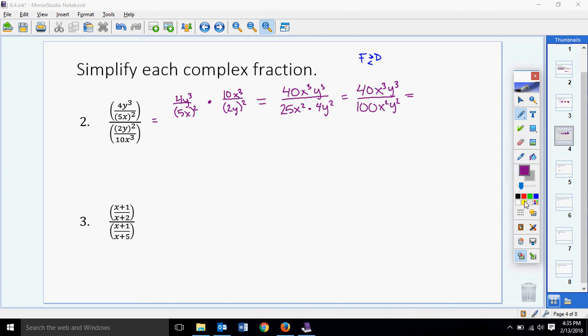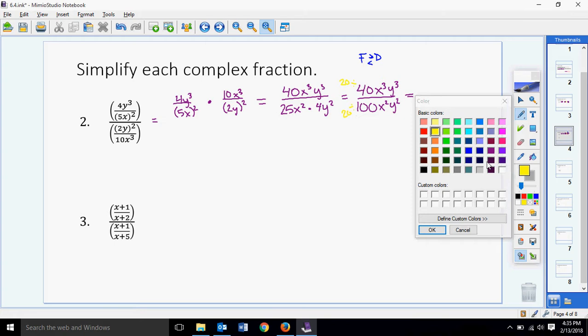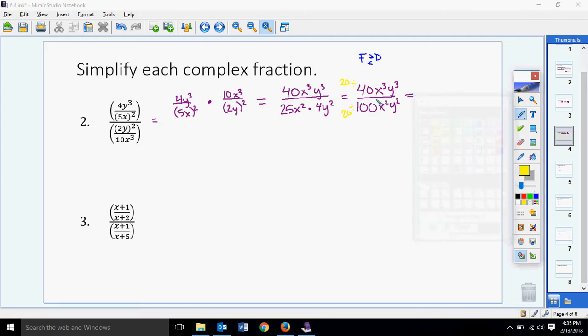The other thing that you can do is both of these are divisible by a little bit more than 10. Actually, this would simplify to 2/5, so they're both divisible by 20. And also you want to note that I have x's and y's that will cancel.